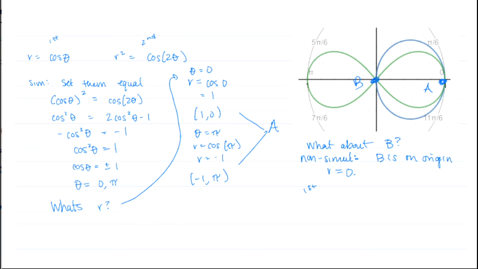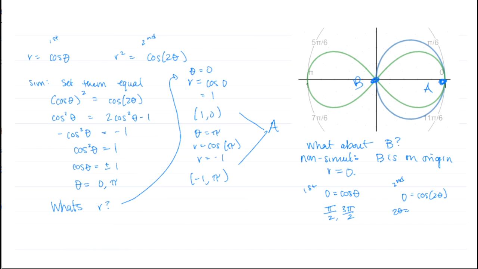For the first one, we have 0 equals cosine of theta. Cosine is 0 at pi over 2 or 3 pi over 2. And then for the second equation, r is 0, so r squared is still 0, equals the cosine of 2 theta. So then you want to figure out where that is true.